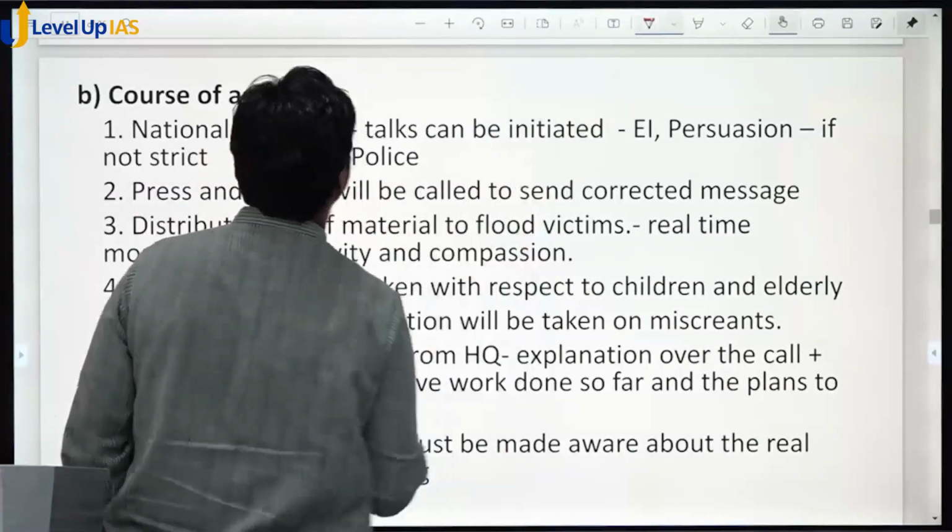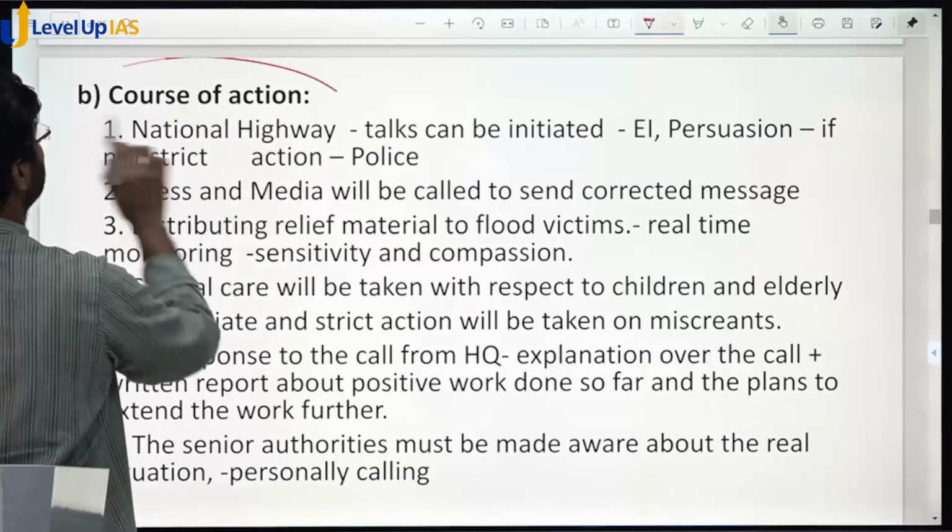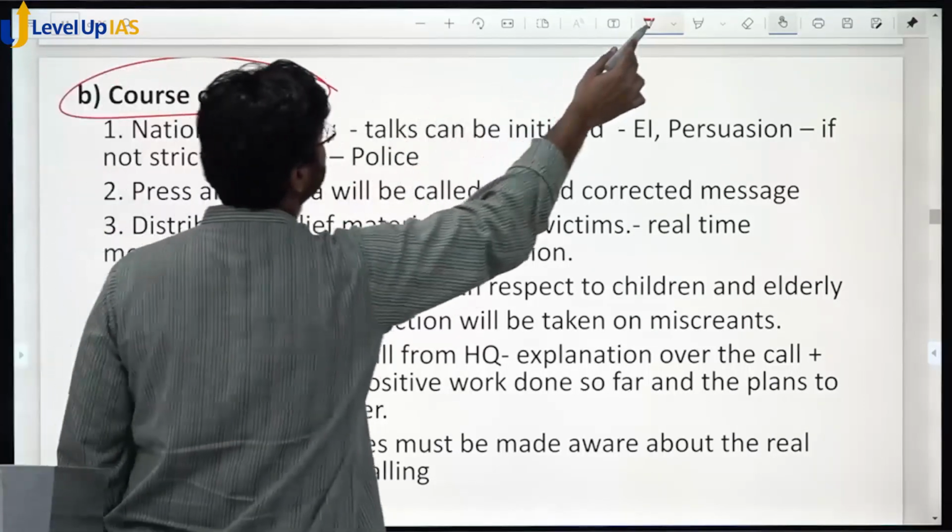Okay, concrete होना चाहिए। Then course of action, this is what the answer is. So the question had asked you about issues.